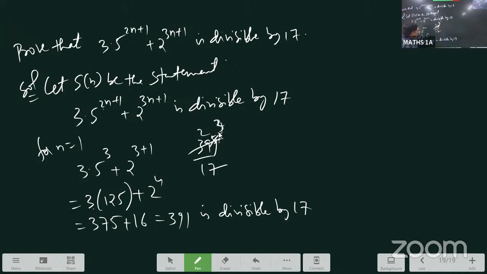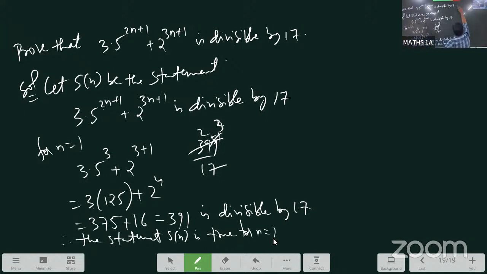See, it is getting cancelled. So 391 is exactly divisible by 17. Okay. Now 391 is divisible by 17. Therefore, the statement S of n is true for n equal to 1.